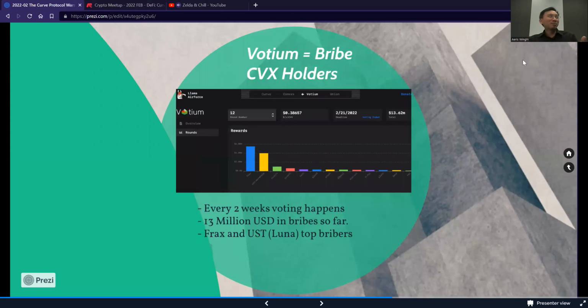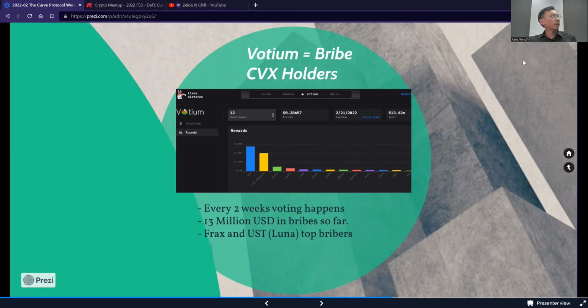Well, people are fighting to be monopolies, right? Companies are trying to bribe users to vote for their protocols. So voting happens every 2 weeks, and it has been going on since I think September or something like that.